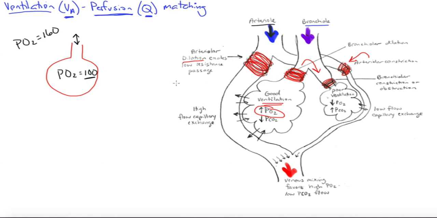But because of this gravitational effect that I was talking about earlier, this PO2 not being 100 in all regions of the lung, means that we've got to try to compensate for that difference as best we can through this ventilation perfusion matching.